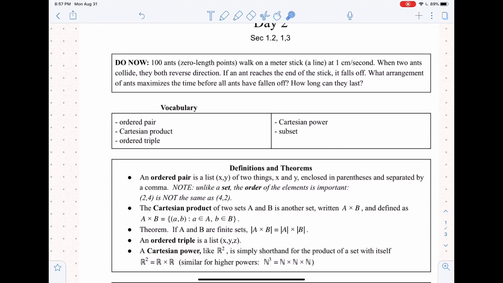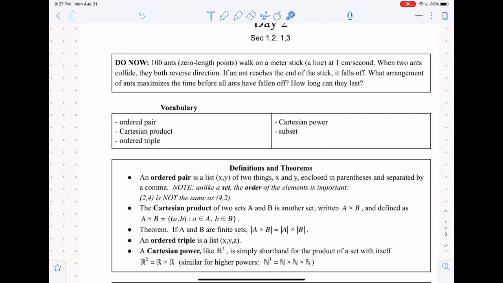So ordered pairs are something you're very familiar with. These are exactly like the x and y coordinates of the Cartesian plane. Cartesian has that root word of Descartes in it, which is also where the Cartesian plane and the Cartesian product, which is the set theory operation, come from.